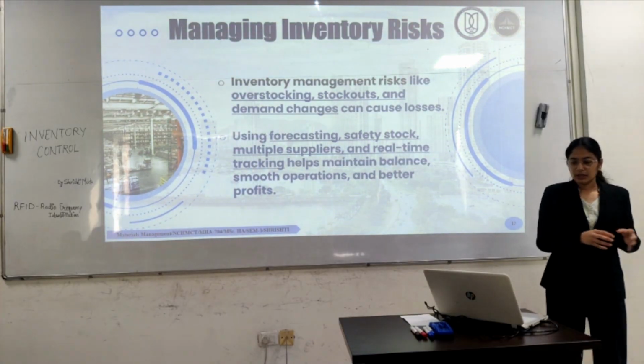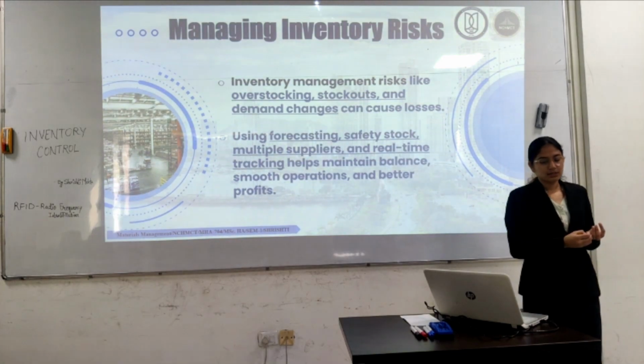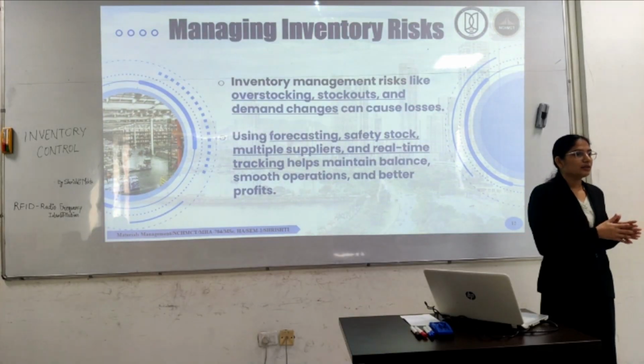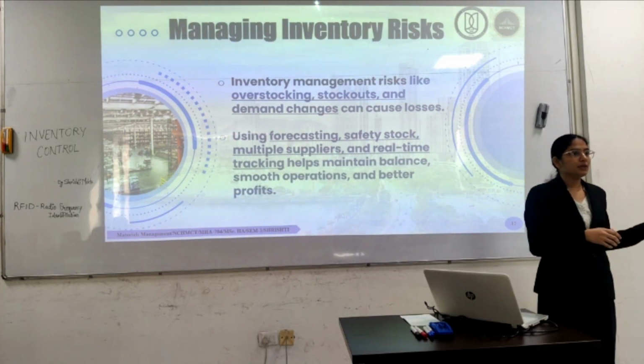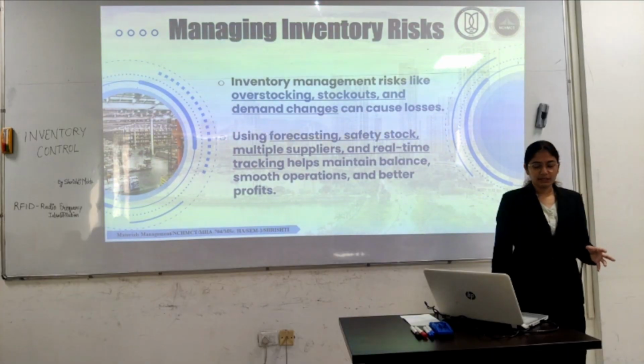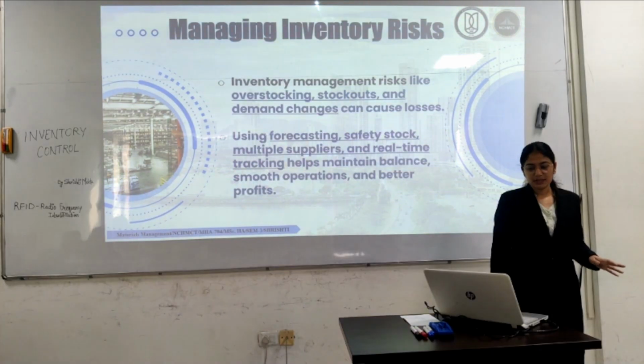Then multiple suppliers, not focusing on a single supplier, so that if one goes out of stock, our task does not get hampered. Having connections with multiple suppliers so that things go smoothly, which maintains business profit.